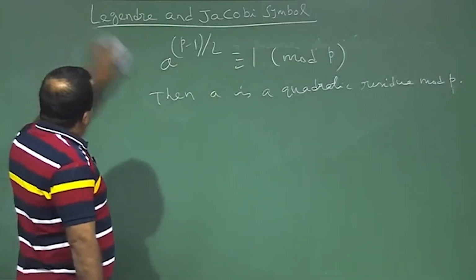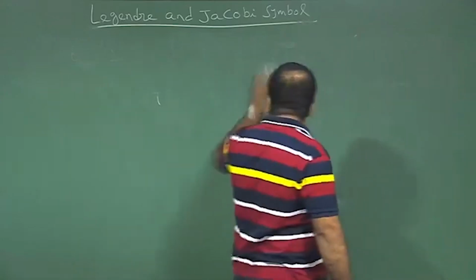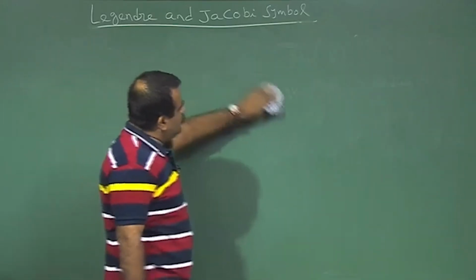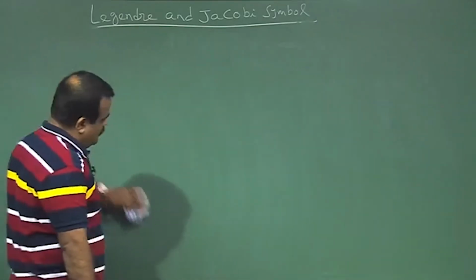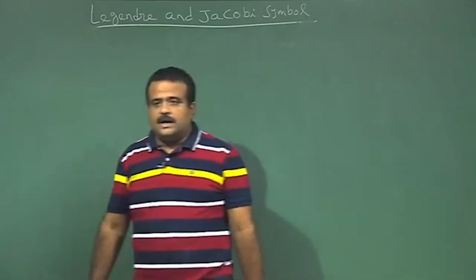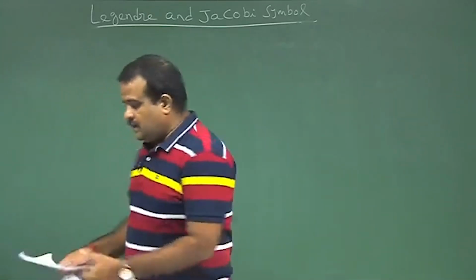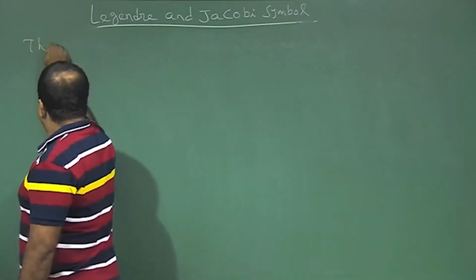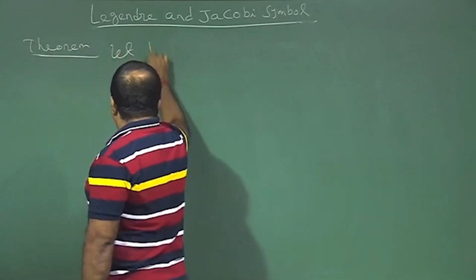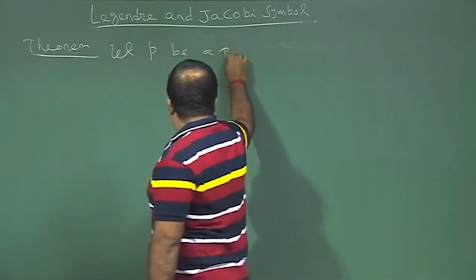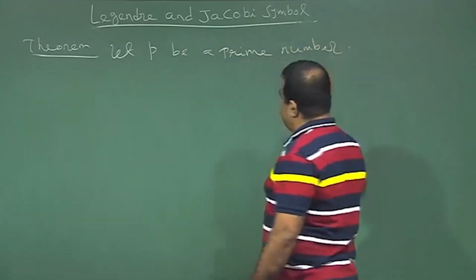So, now today, before defining these two symbols, let us talk about how many quadratic residues and quadratic non residues there are. This is by a theorem. This theorem is telling, let p be a prime number. So, we are not considering 2, so this is an odd prime.